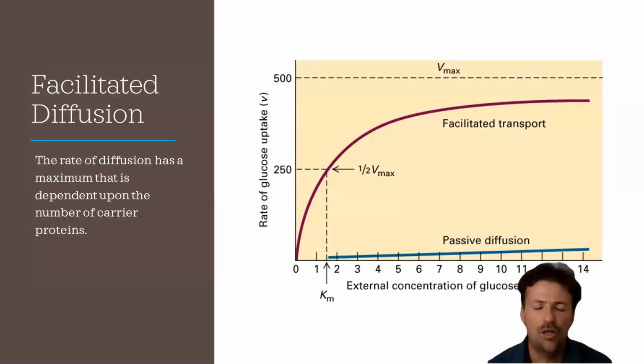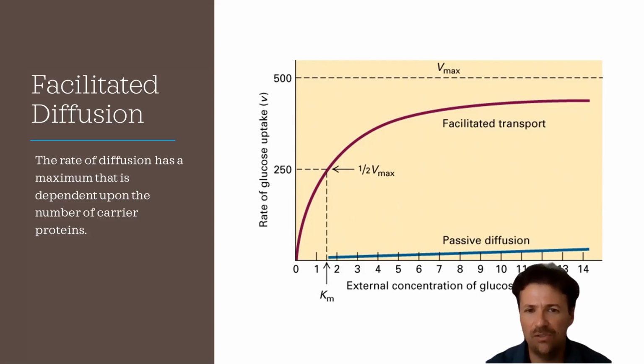Now, because you require a transport protein to manage facilitated diffusion, the rate of diffusion obeys different laws. The kinetics is a little bit different. On this graph, we're looking at diffusion of glucose into the cell. And generally, glucose cannot cross the cell membrane.